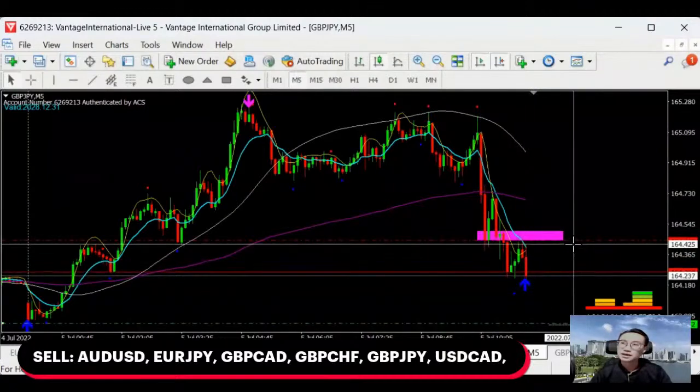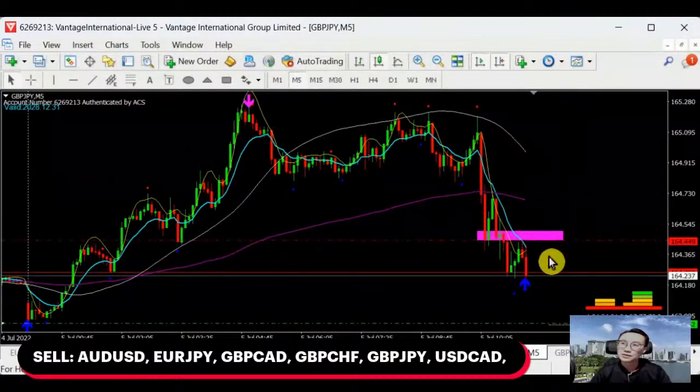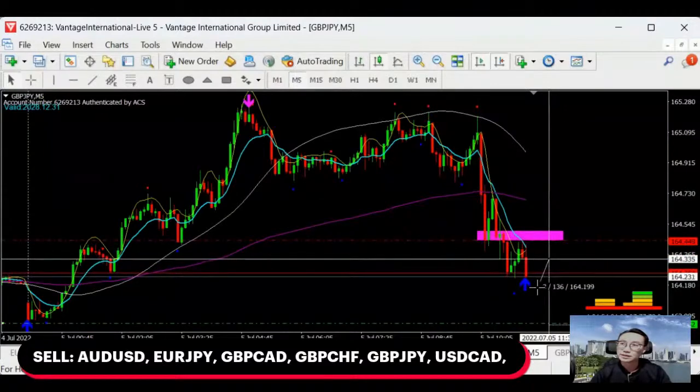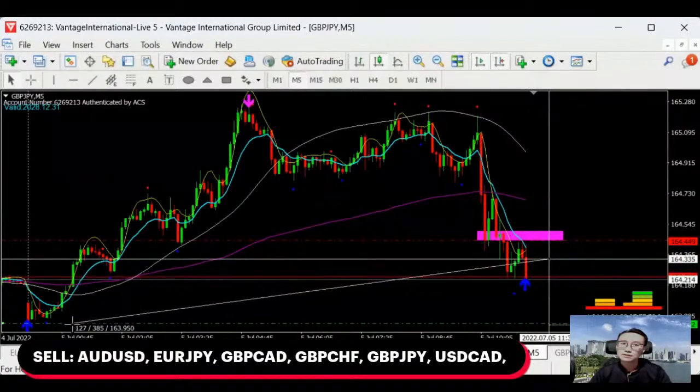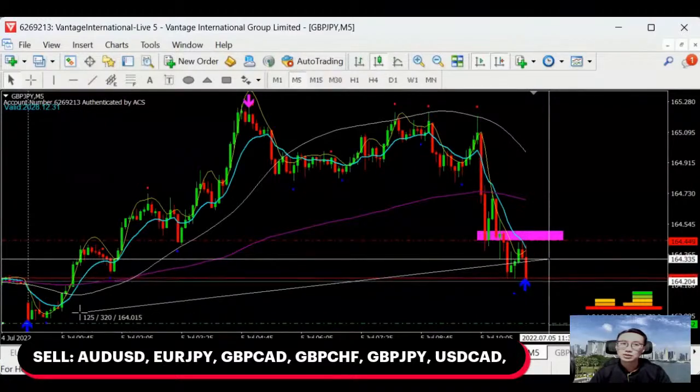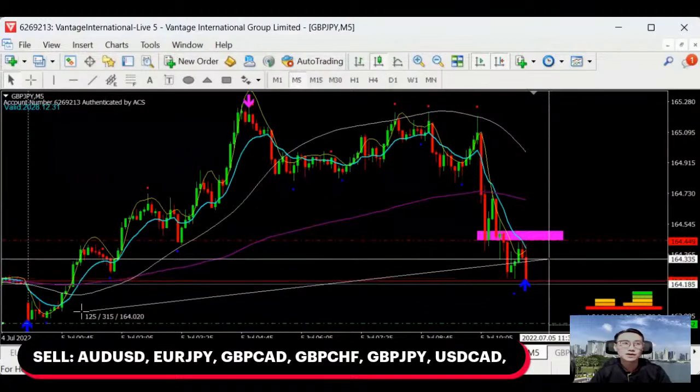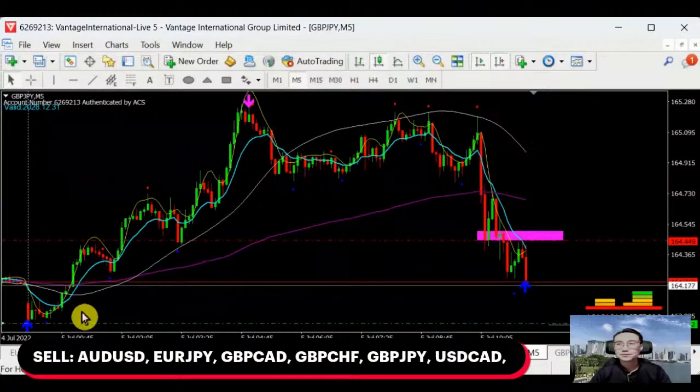I think I will grab for a 20. 30 pips, almost 40. So 20 to 25 is still good.